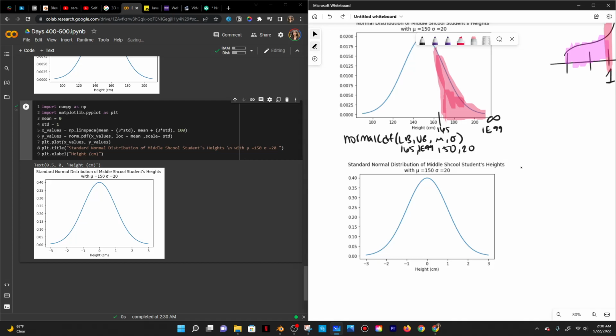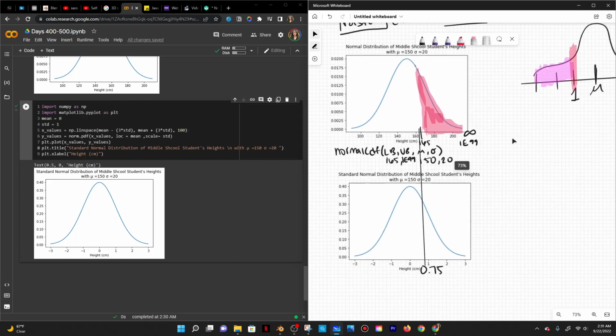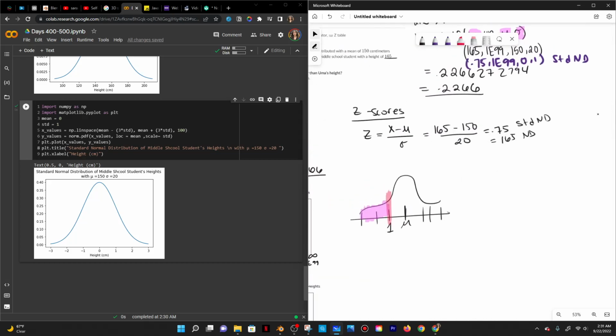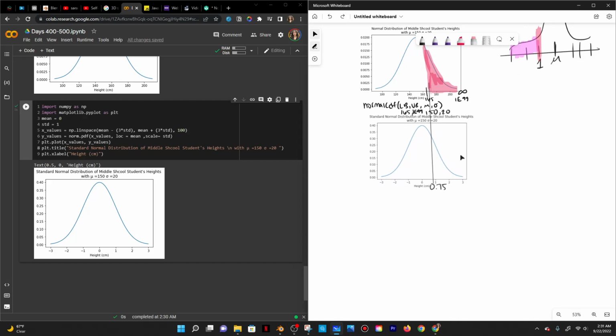If I graphed it right, if I can draw a straight line, it's literally in the same spot, which is 0.75. That was our z-score. I hope you understand the relationship: our z-score was 0.75, which is equivalent to 165, except that it's in a standard normal distribution.